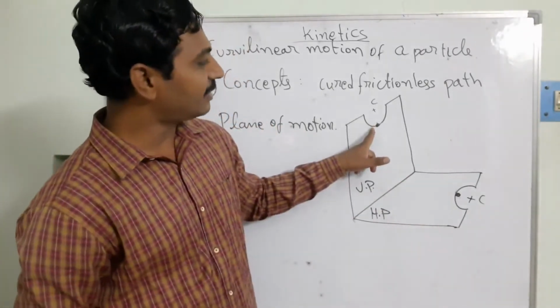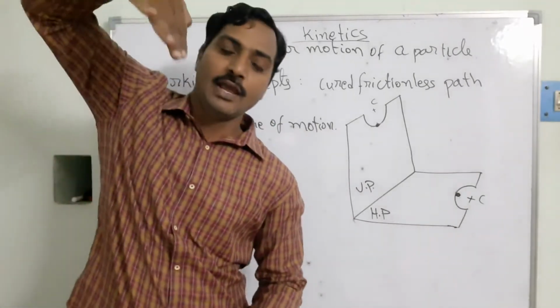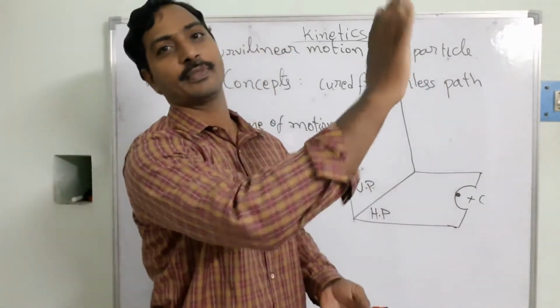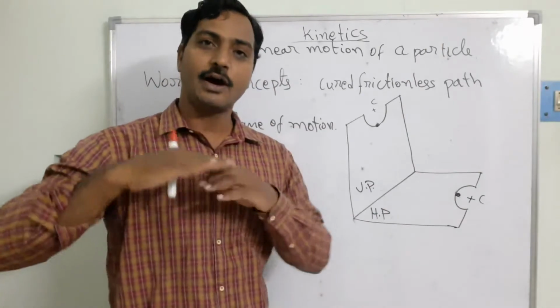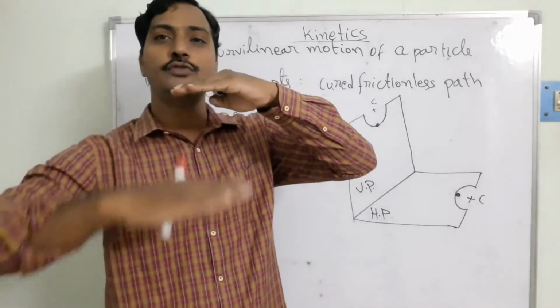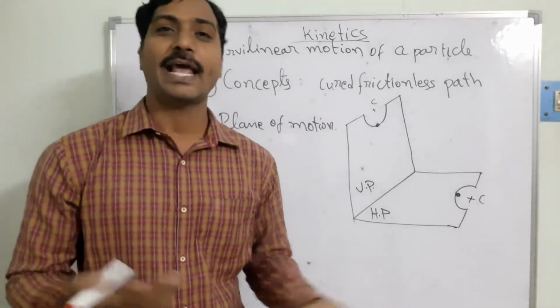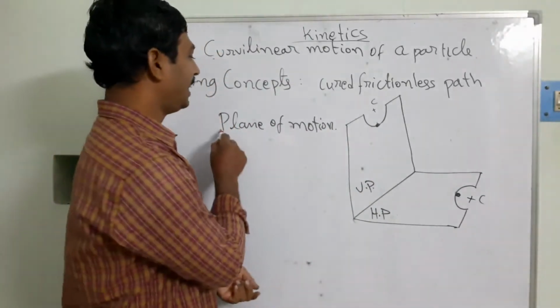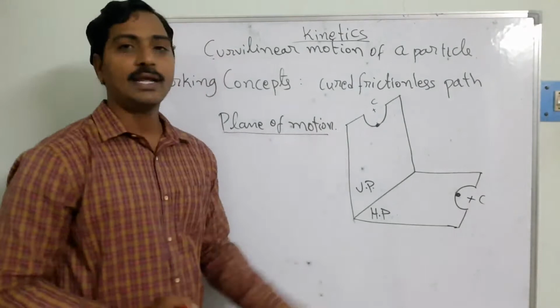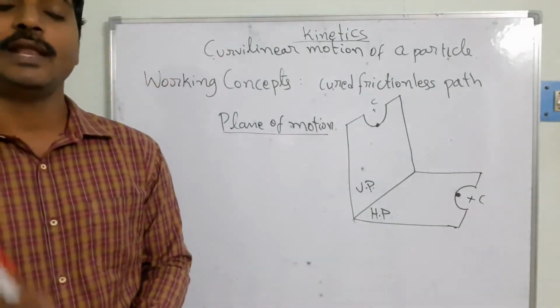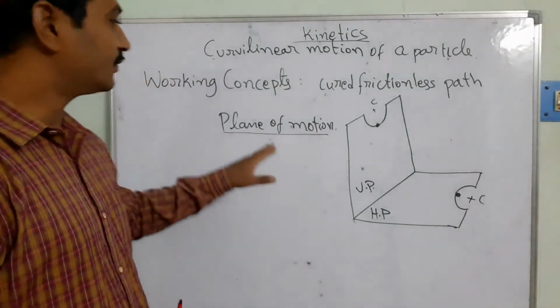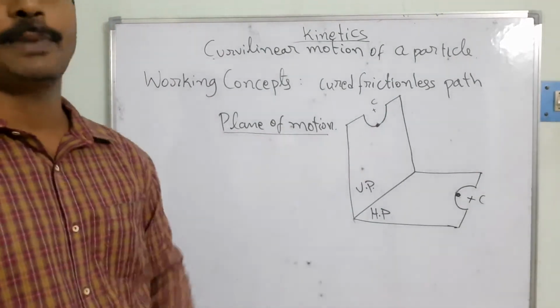These are examples when we are moving in a curved path in the horizontal plane, but the road is like this. So if the particle is moving in a respective plane, we say that is the plane motion.